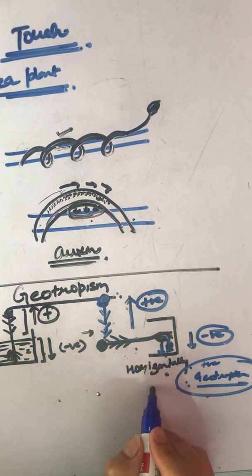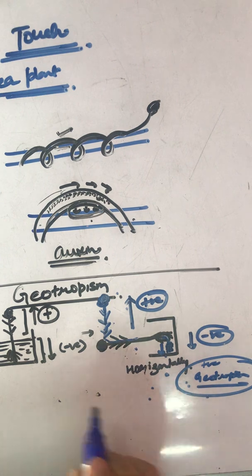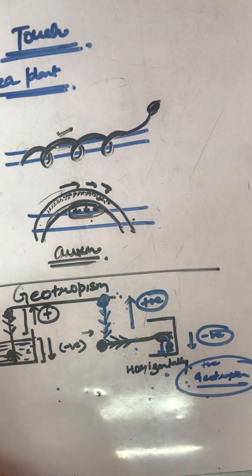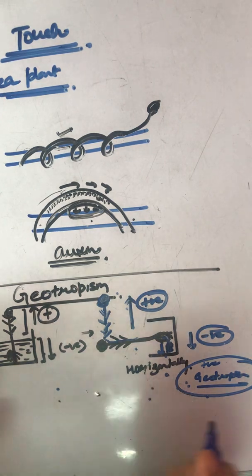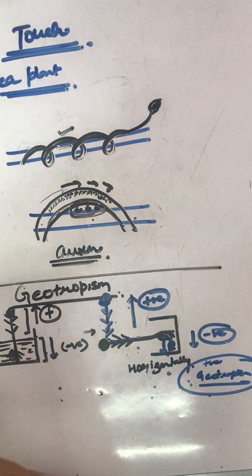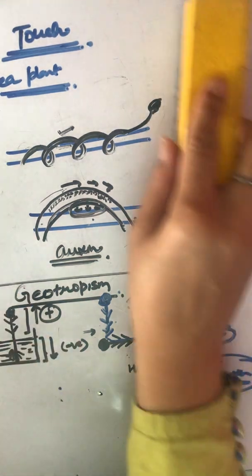This is how the plant parts grow towards gravity and show geotropism. So this is by the action of various plant hormones. It may include auxin also, because that is also at the root tip as well as along with the shoot tip. Moving to the next response of plants, called chemotropism.